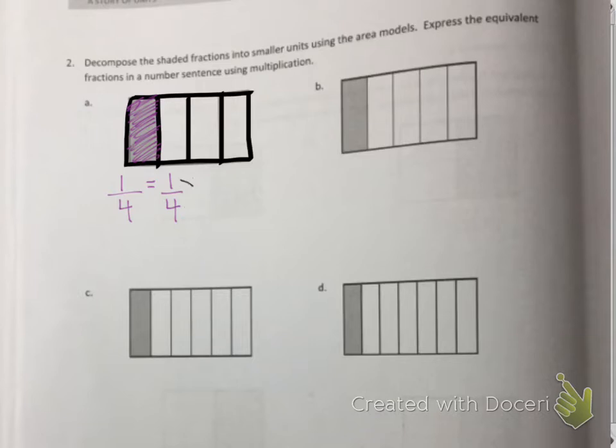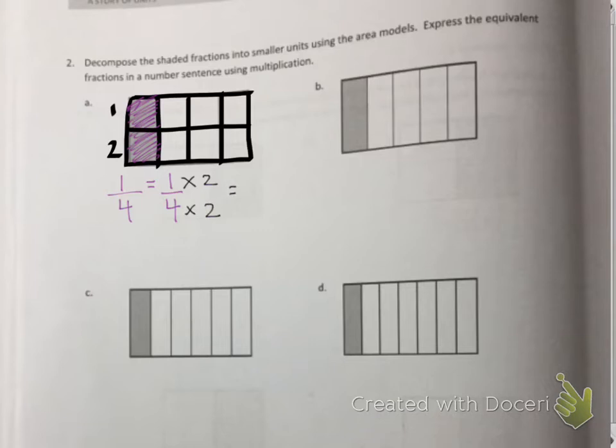And let me write that a little bit better. There we go. And it's up to us how many times we want to decompose this area model. I'm going to decompose it just once. So we're going to have 2 rows, and that means I'm going to be multiplying by 2.